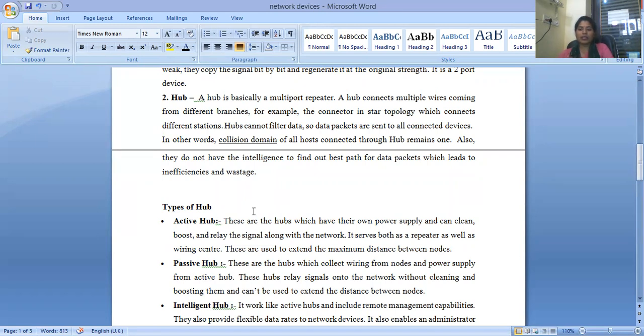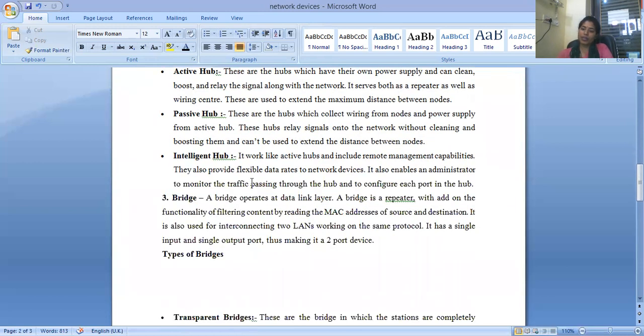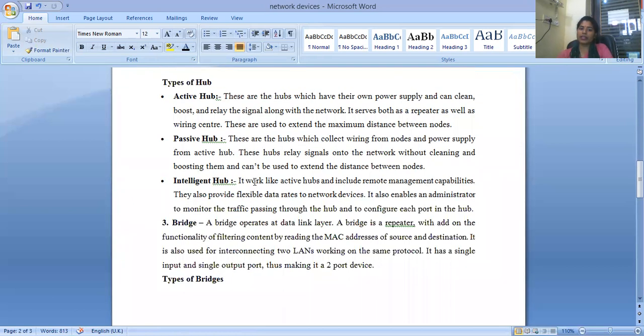In other words, the collision domain of all hosts connected through hubs remains one, and they do not have any intelligence to find the best path for data packets, which leads to inefficient wastage.